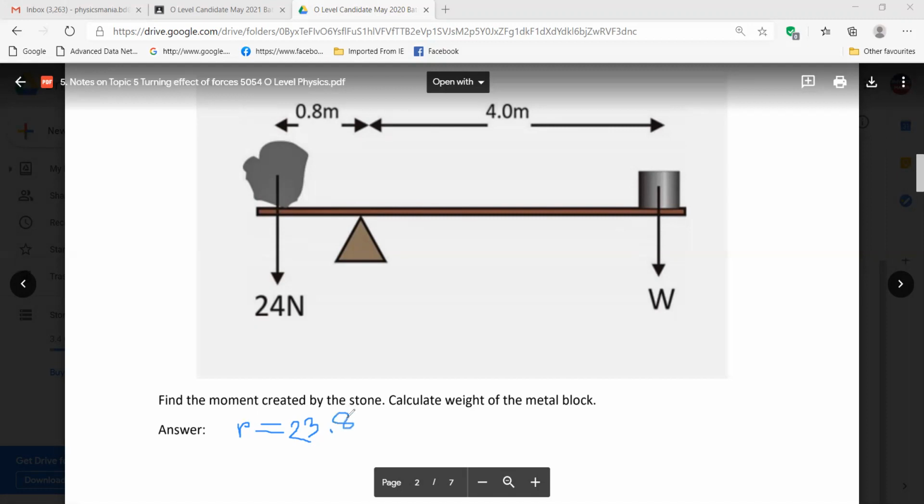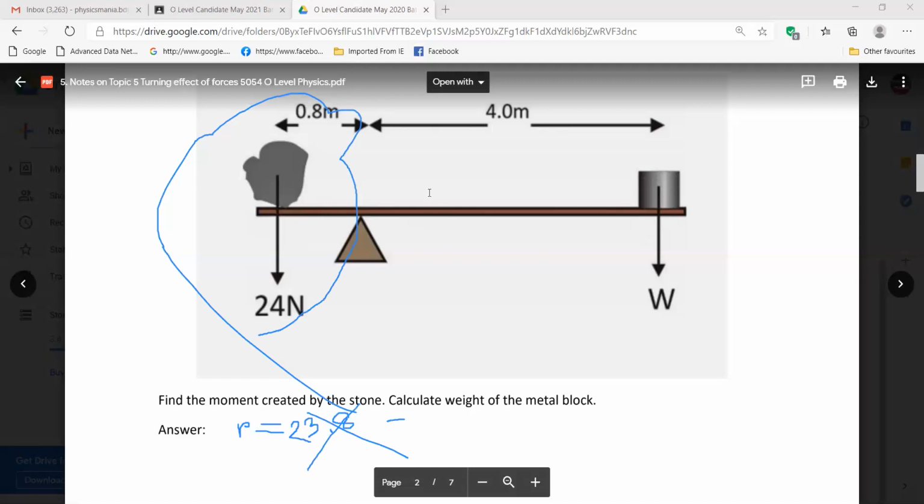No, no. The formula is giving you the distance from the pivot. So the moment created by the stone should be only this part, 0.8. Only 0.8. So this answer is wrong. 19.2.